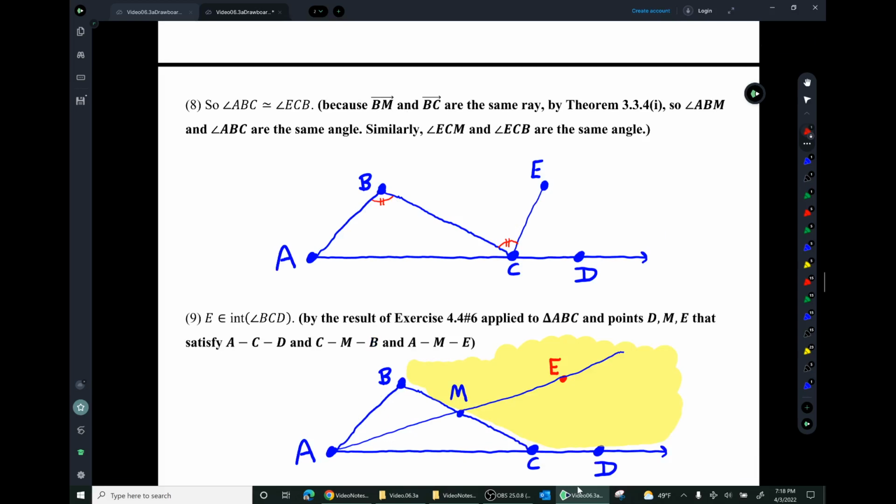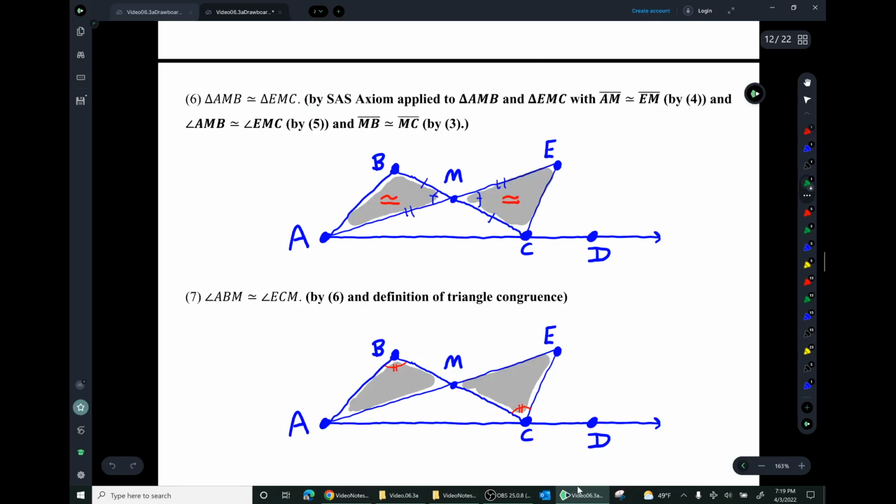All right, so we can now say that angle ABC is congruent to angle ECB. So that's drawn here in this triangle. This angle here is congruent to this angle here. That's the same angles we had in this previous drawing.